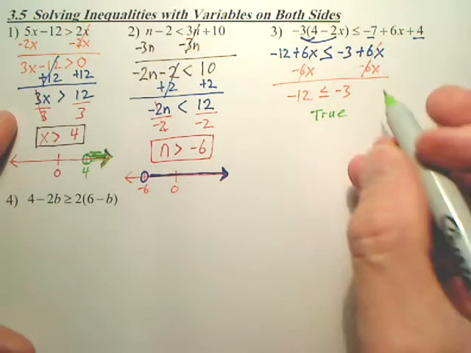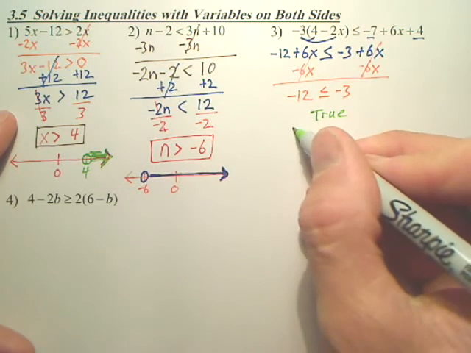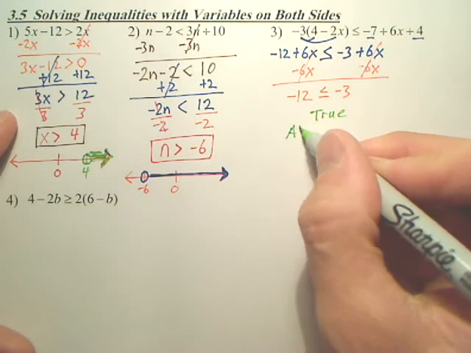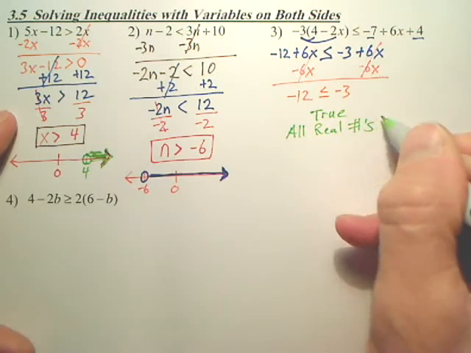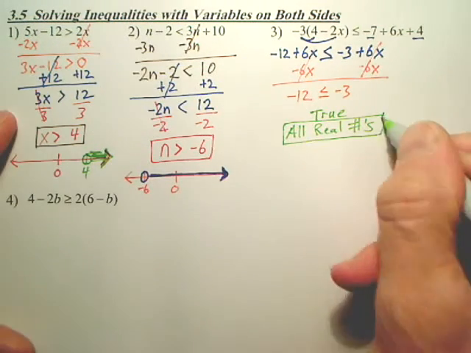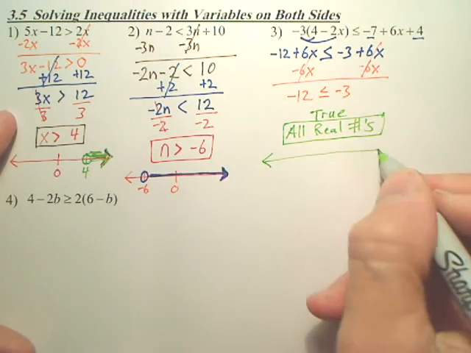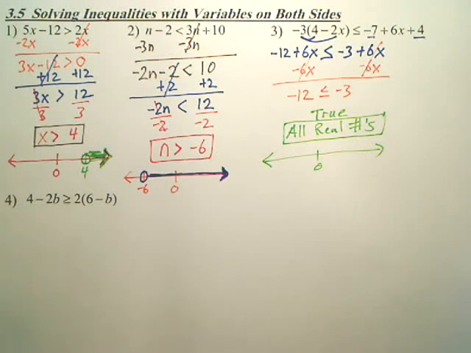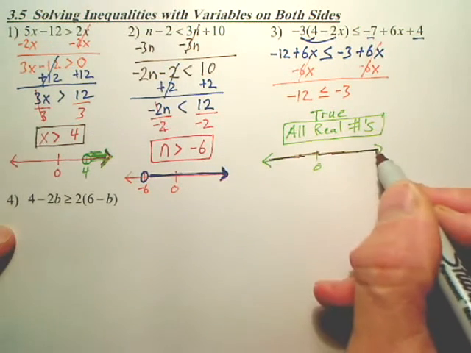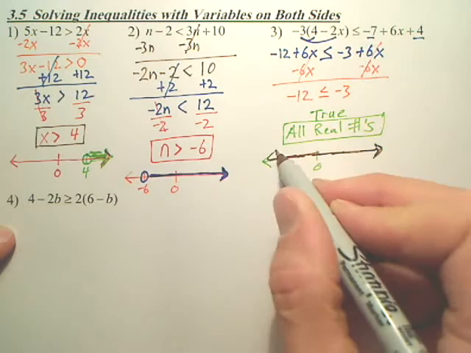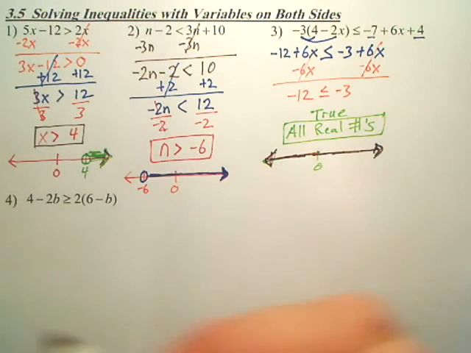So what that means is my answer is all real numbers. Meaning, if we were to graph this, again, everything dropped out. It means my answer is all real numbers, which means, basically, if you shaded your number line, it'd be everything.